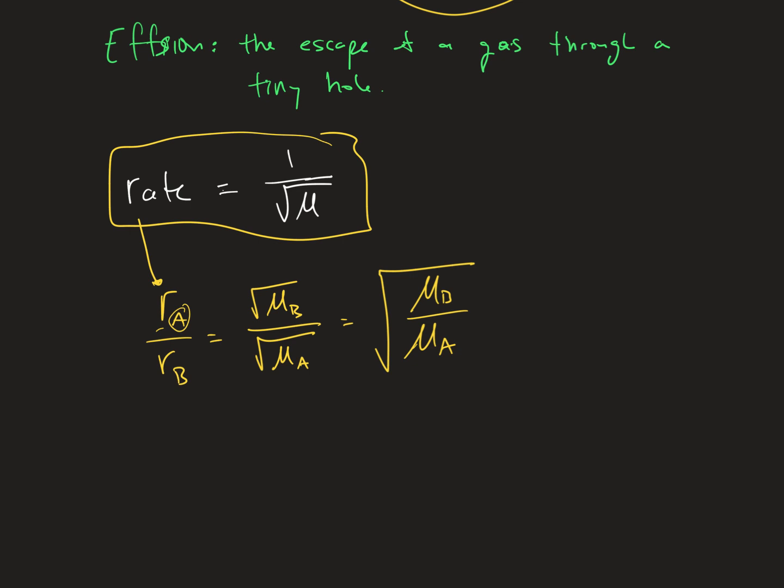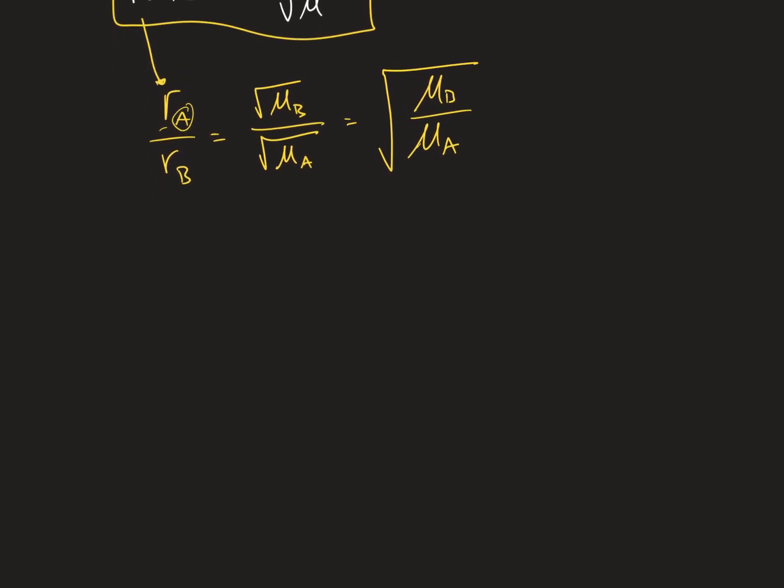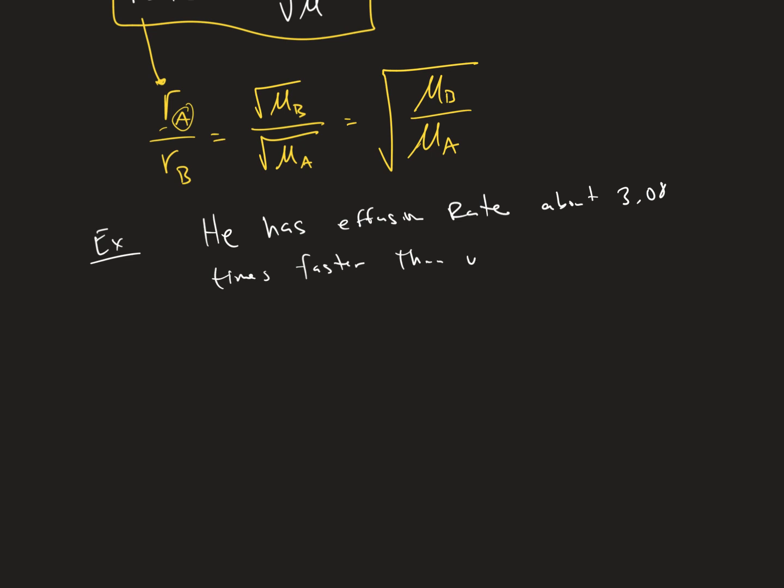Let's do an example of what you might see on the exam. So helium has a diffusion rate about 3.08 times faster than an unknown gas.